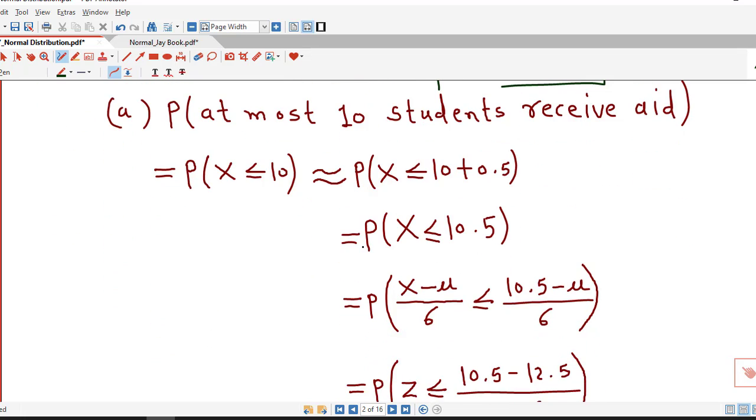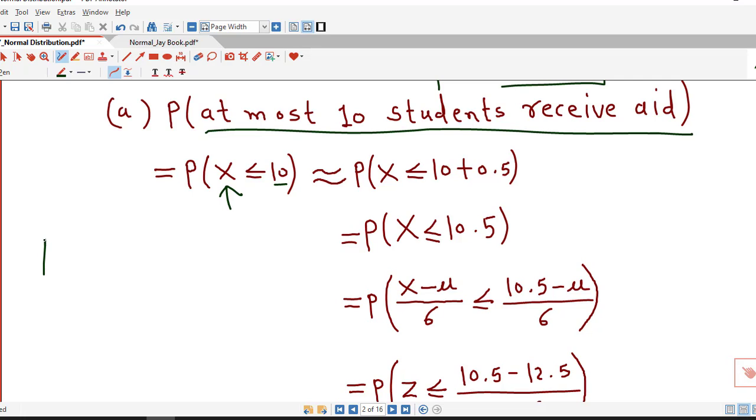The first probability required is the probability that at most 10 students receive financial aid. This event can be represented by capital X is less than or equal to 10. At most 10 means either 10 or less than 10. Now this X is a discrete random variable, so we have to convert this discrete probability into continuous probability.